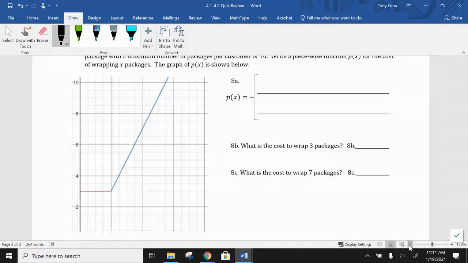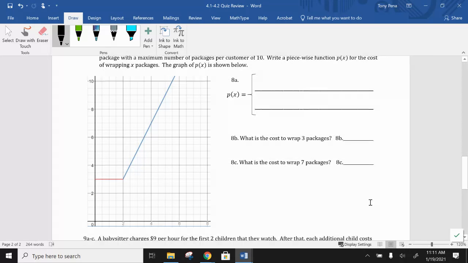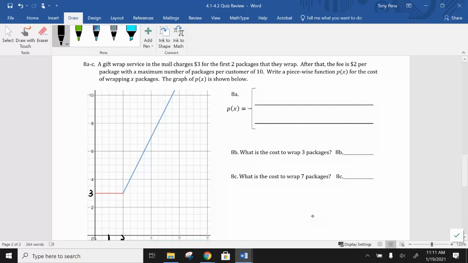Make it a little smaller so we can see it all at once. So if you look at your graph, for 1 package or 2 packages, notice how the price is always at $3. So that's what that first sentence is saying. Second, as we continue that first sentence, after that, the fee is $2 per package with a maximum number of packages per customer.